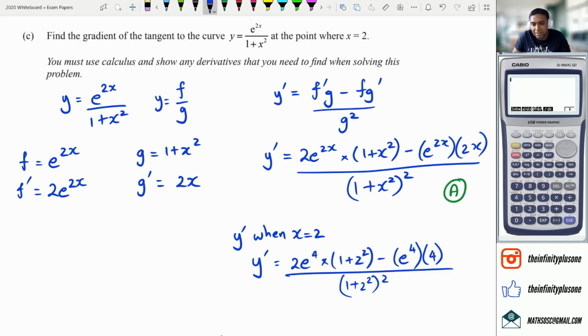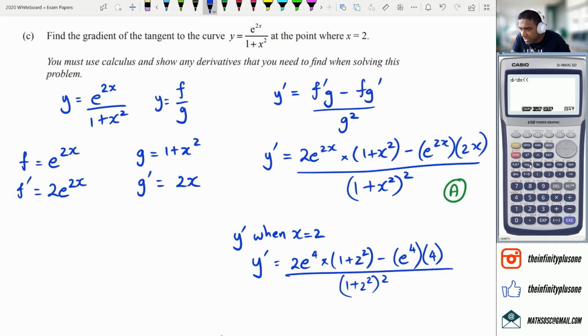Now, here's the thing, all right? I would actually put this as my substitution, but remember how I showed you how to use the calculator before? So that you don't have to type all of this into the calculator, you could use d/dx. So we're going to use d/dx, which is here, and put down e to the power of 2x.